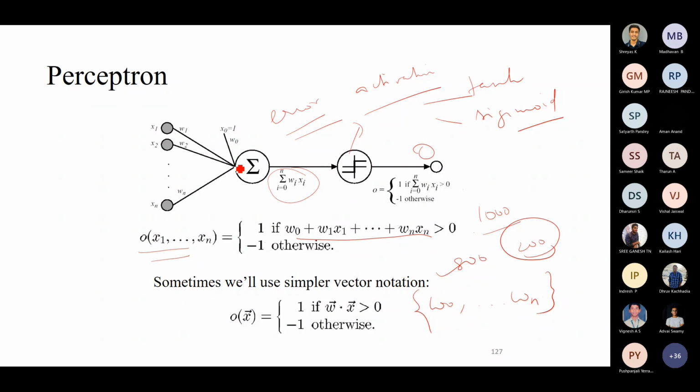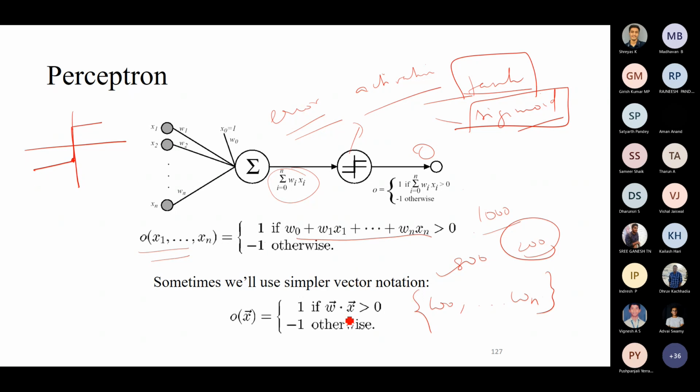So here the same thing is done, and what is this function? This function is called the sigmoid function. This activation function can be either a tan hyperbolic function or a sigmoidal function. Now the sigmoidal function is like this. If the value is greater than 0, it is going to be 1, and if the value is less than 0, it's going to be minus 1.